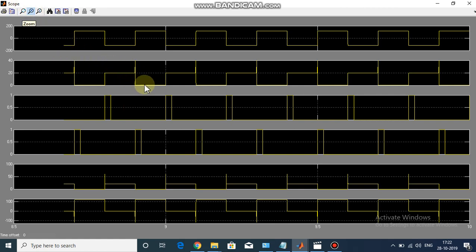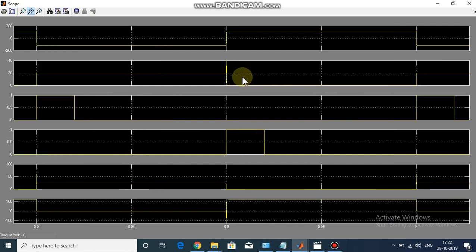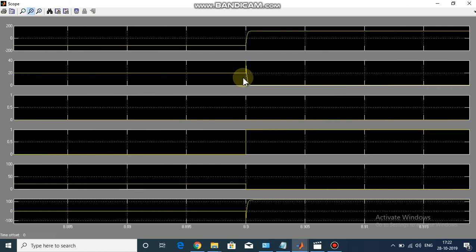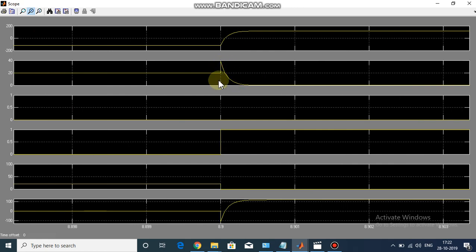I don't know why the professor himself can't get it, but if we zoom in, you can just show this to the professor. There is a turn-off time that is being taken. So this is the turn-off time that the SCR takes to turn itself off. You need to show this to the professor if he is not getting it.